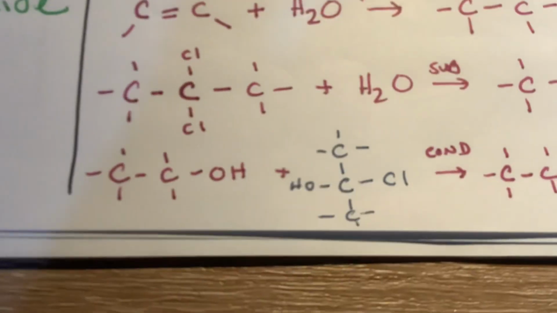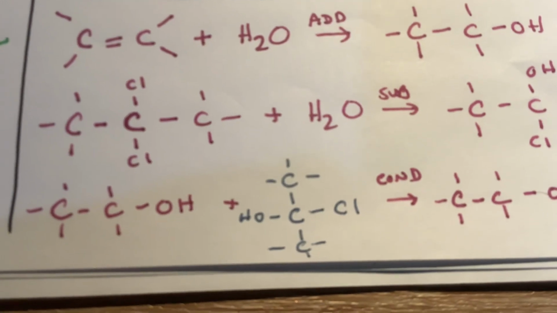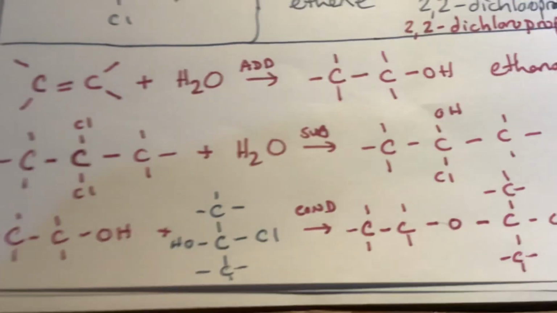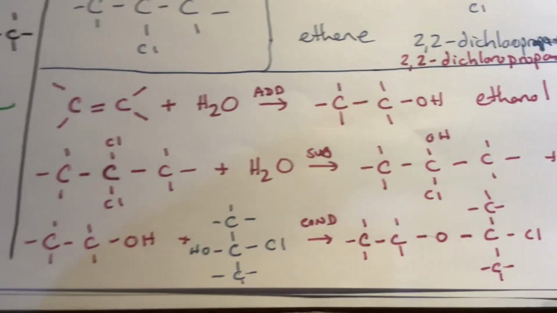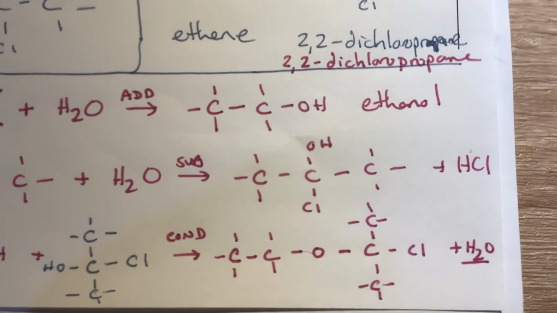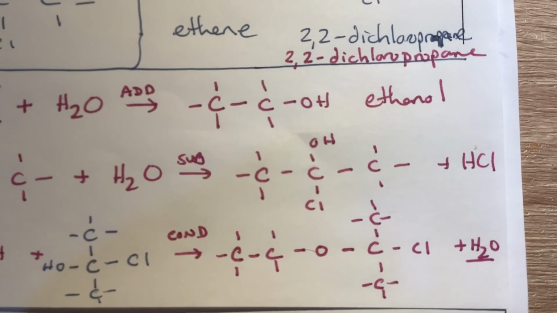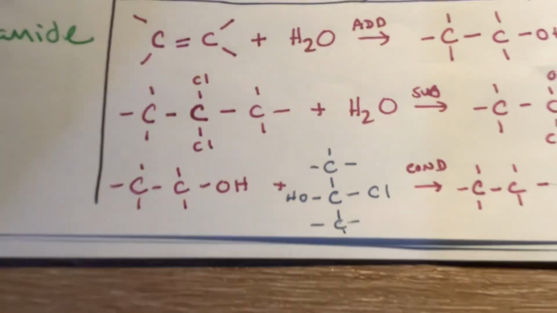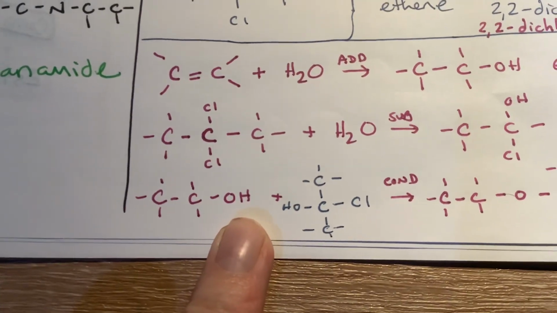In the next case, I can see here I've got 2,2-dichloropropane. I'm reacting it with water in a substitution reaction. The OH replaces one of the chlorines, and I now have 2-chloropropan-2-ol, and HCl. Now, if I take these two and I put them together in a condensation reaction, remember right here, these two OHs are going to pull out as water.